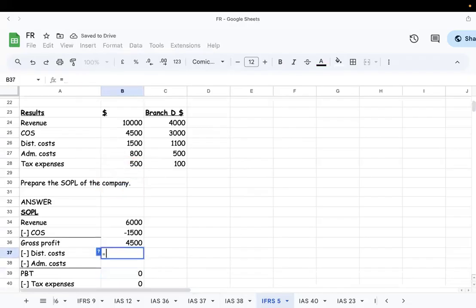So this is distribution cost, minus this one, and it should be a minus value as well. So we're going to keep it in brackets.